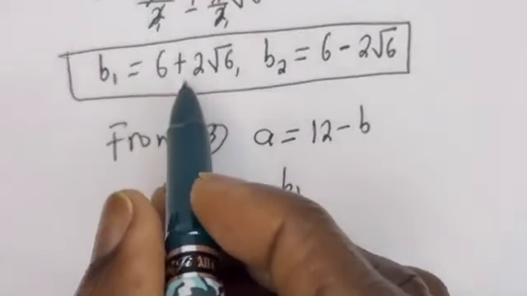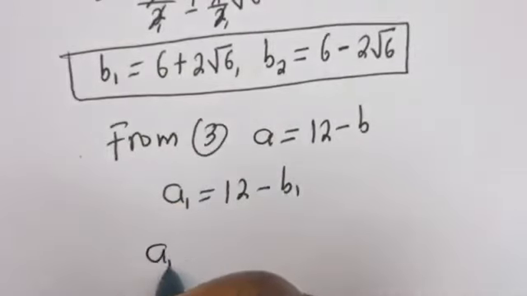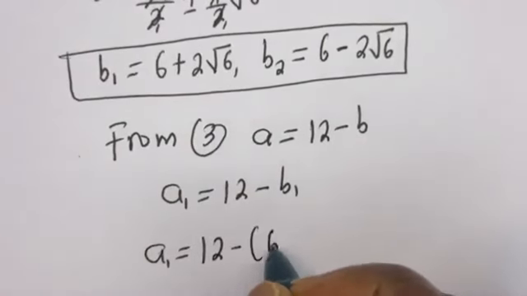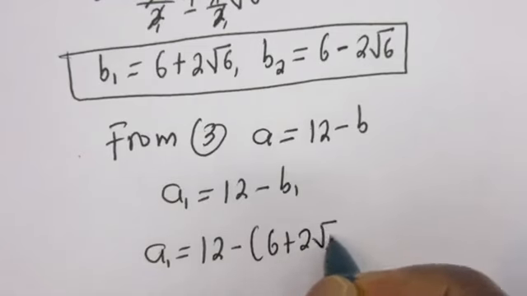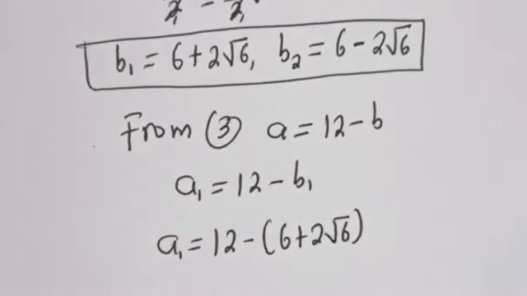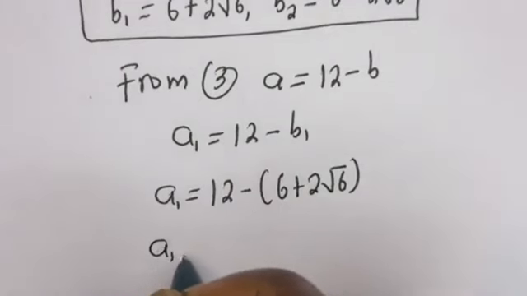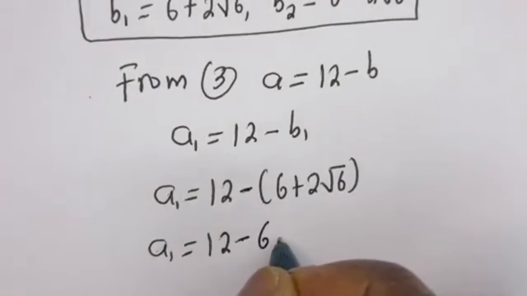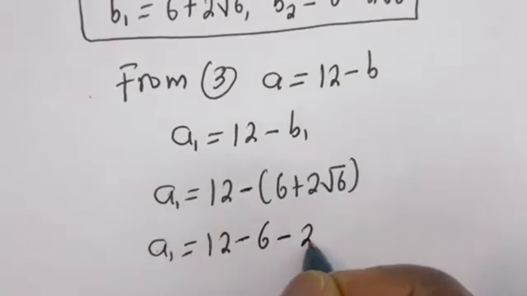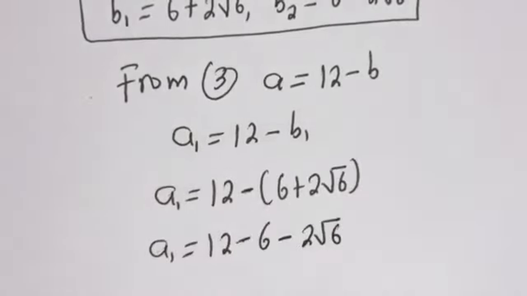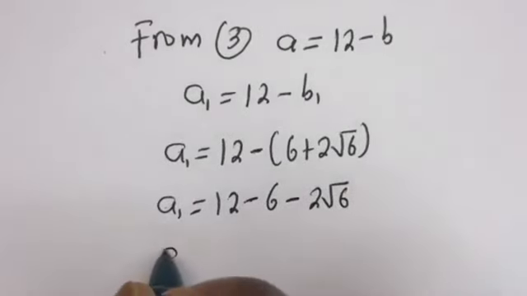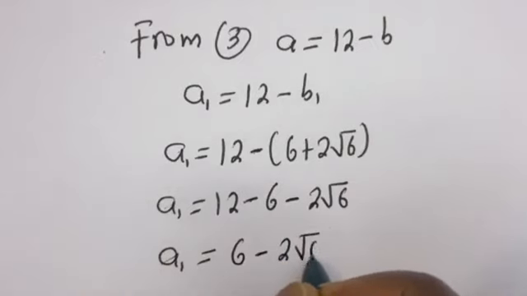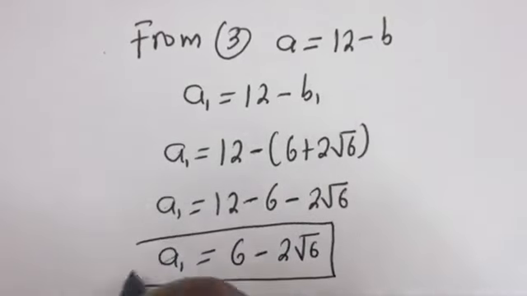Then when B1 is 6 plus 2 root 6, A1 is equal to 12 minus bracket 6 plus 2 root 6. A1 is equal to 12, let's open the bracket, minus 6 minus 2 root 6. Then A1 is equal to 6 minus 2 root 6. This is the value of A1.